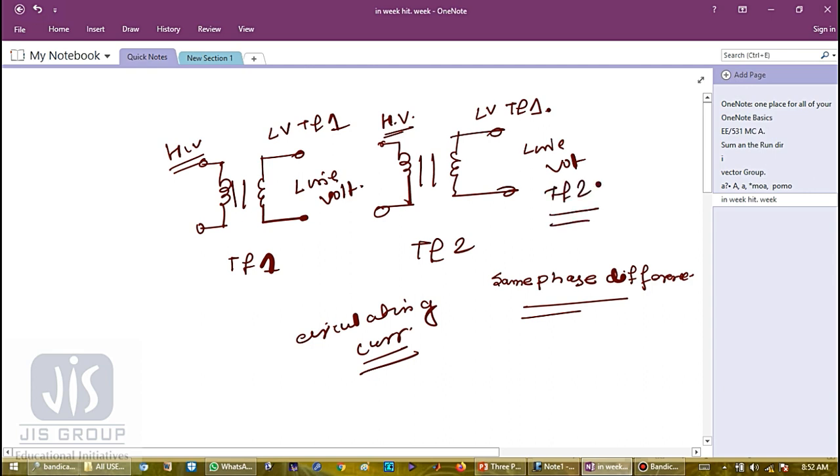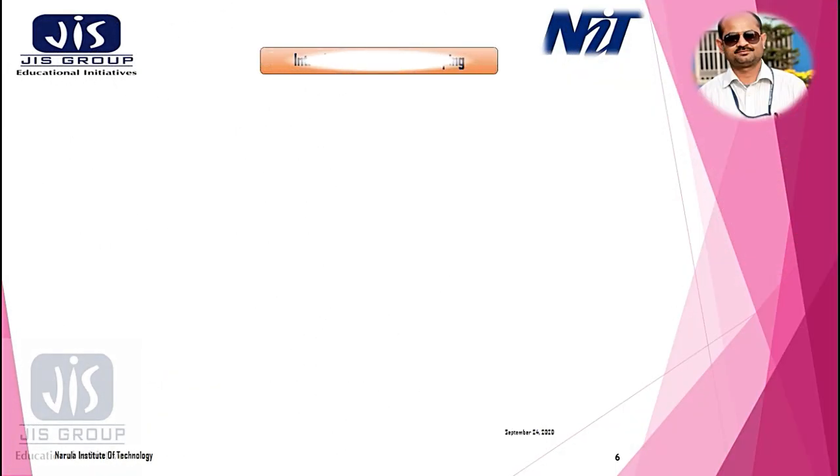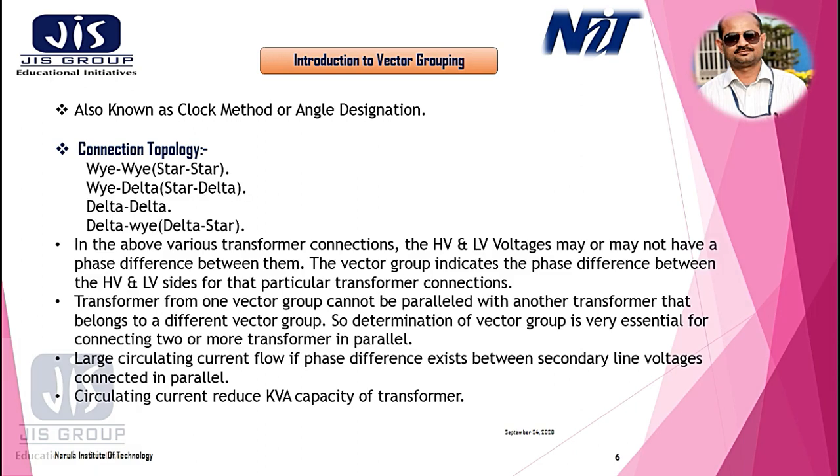Okay, and this circulating current is not desirable because circulating current reduces the kVA output, the kVA capacity of the transformer.